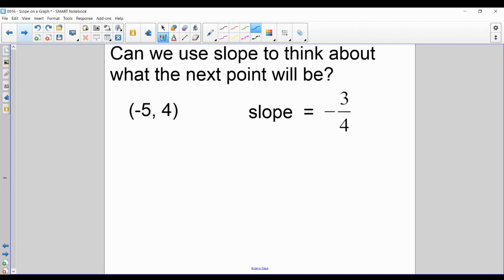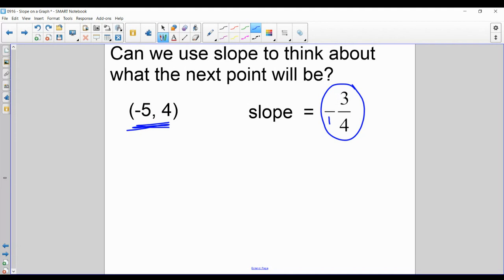Okay, this is one new thing I was going to have you do on your homework, and I want you to really use what you know to think through this, and I think it will help us understand slope even better. I'm going to start at a point, and given this slope, what's going to be the next point as I move from left to right on the line? First, I have to think about this.